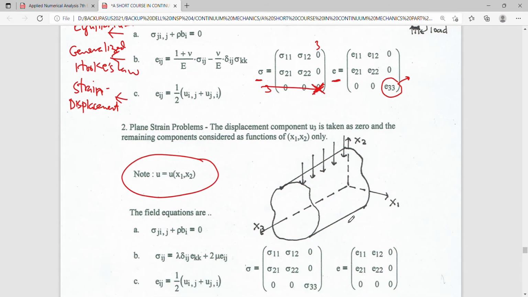But if you look at the geometric description, you are now considering a very long body. So the length here, or if we call it the width, is very big compared to the geometry upon which your plane x1, x2 is referred.